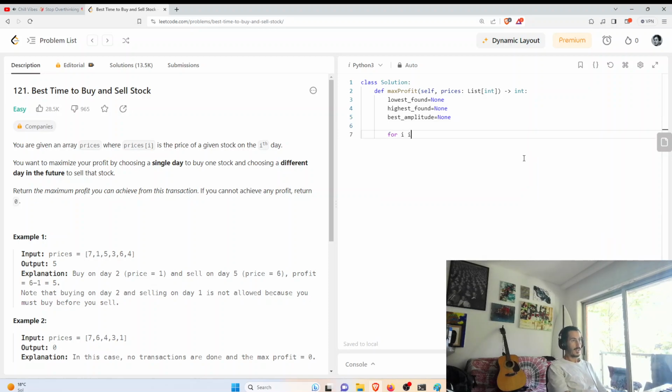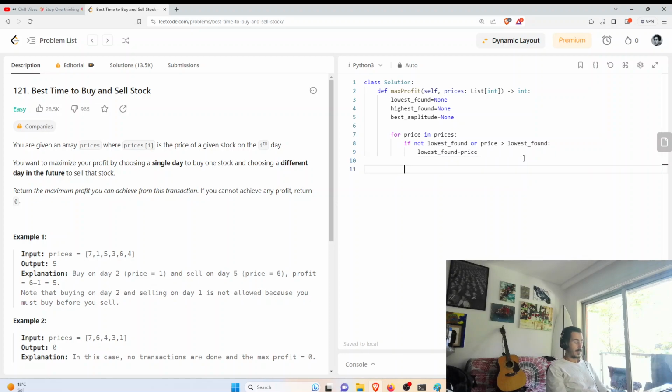So for price in prices, if not lowest found, or price is smaller than lowest found, we say lowest found equals price. And we can do the same thing for highest found.